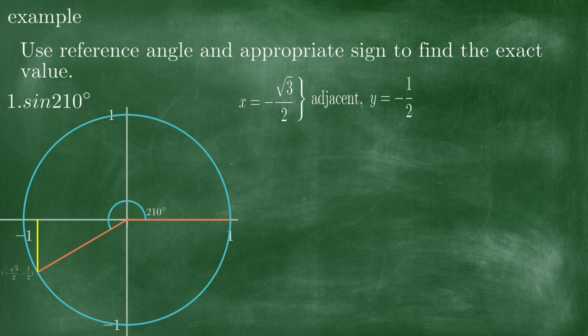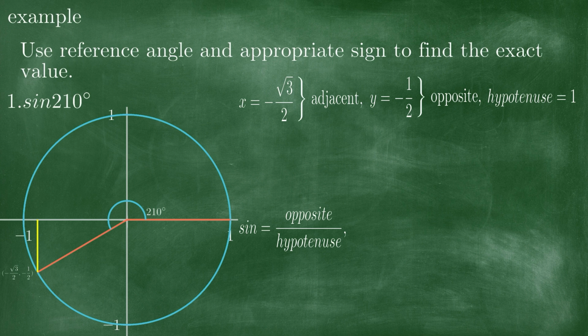Our y, which is equal to negative 1/2, is the length of our opposite side, and the hypotenuse equals 1 since we are dealing with a unit circle. So using sine equals opposite over hypotenuse, sine 210 degrees is just equal to negative 1/2 divided by 1, which would give us negative 1/2. Therefore, sine 210 degrees is equal to negative 1/2.